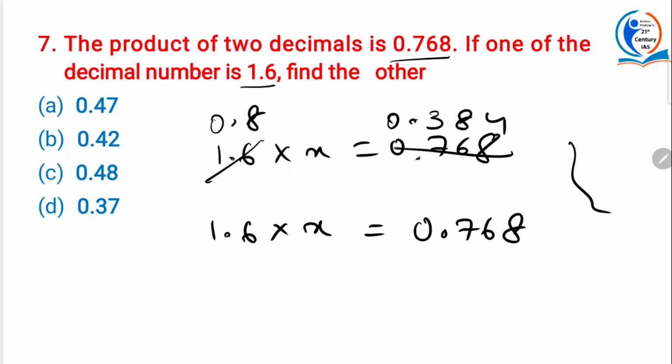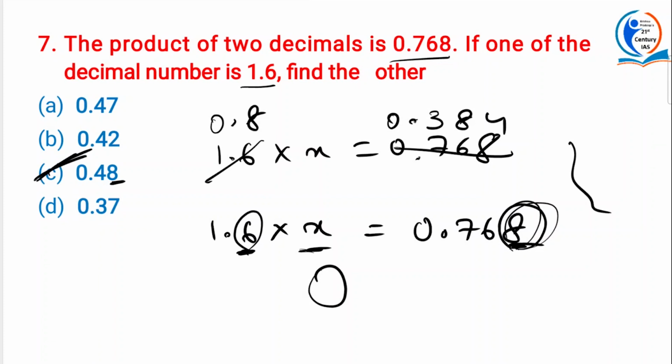All right. Now carefully observe this. 6 into what number will give you 8 here? Which number will give you 8? It is 6 8s are 48, no? So, only this number should be the answer. Okay. See, it is similar to observing the units digit.